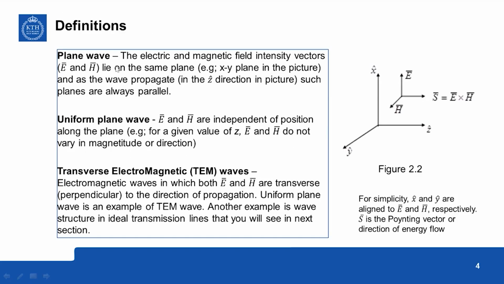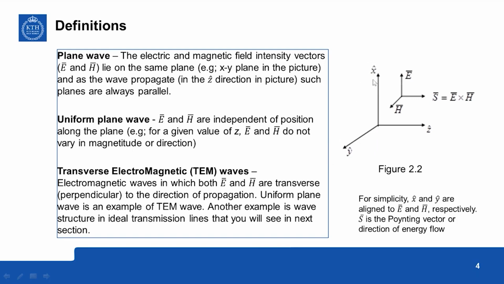What is meant by a plane wave? For this, look at this sketch in Cartesian coordinates. Imagine that you have a wave traveling in the z direction for convenience. Then a plane perpendicular to this direction lies in the xy plane.